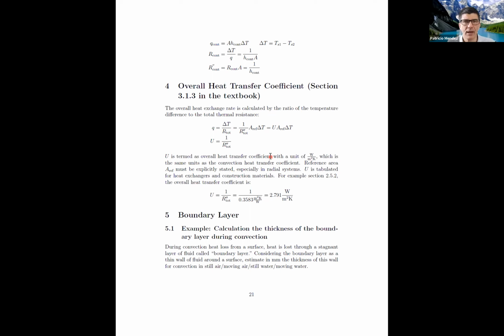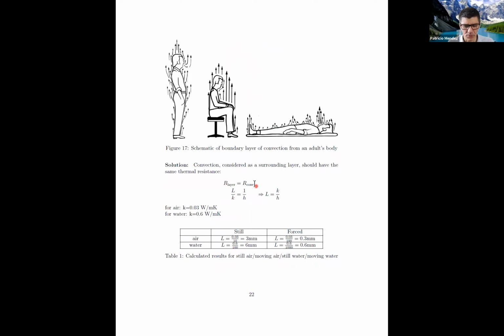So this is a very general concept that comes from thermal resistance. It's all the resistances together put in one. Where we closed the class the week before the break was doing a little bit into the mechanisms of convection. We saw that the equation of convection would give us a thermal resistance of convection of 1 over h. This is thermal resistance per unit area, so this is a mistake, it should have a double prime.